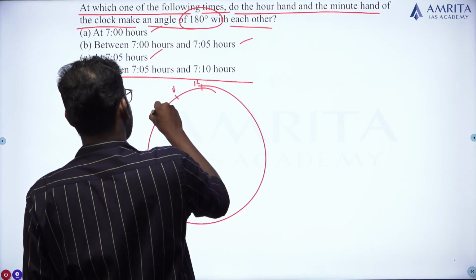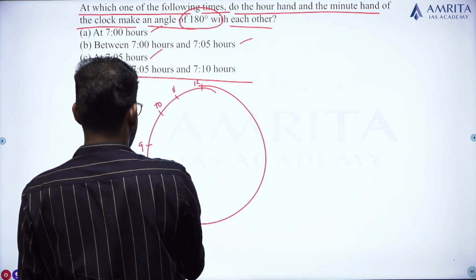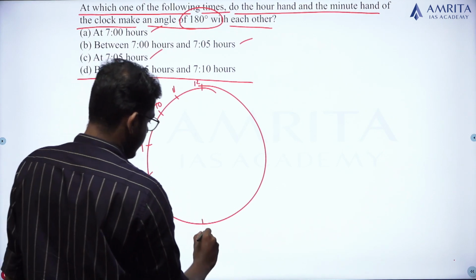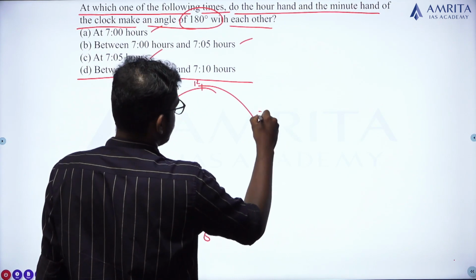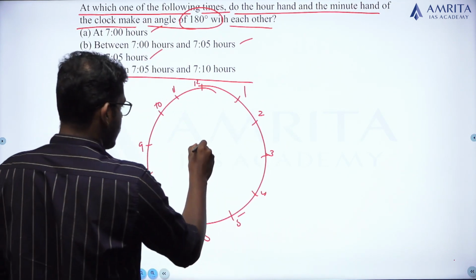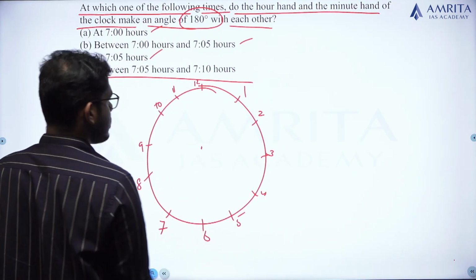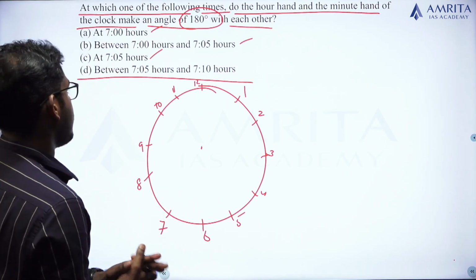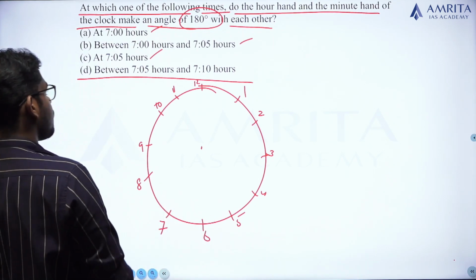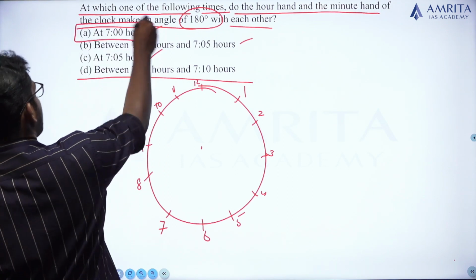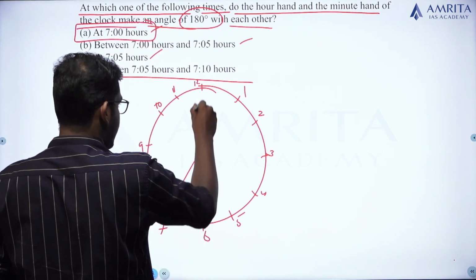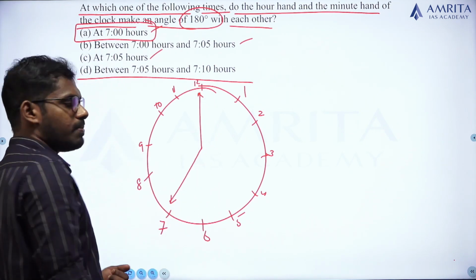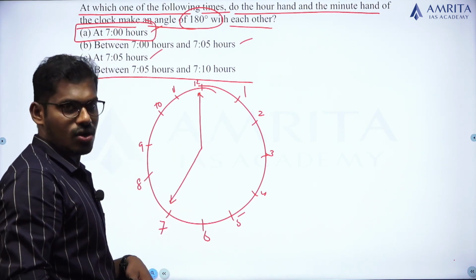12, 11, 10, 9, 8, 7, 6, 5, 4, 3, 2, 1. Okay. So anyway, the time is 7 o'clock or past 7 o'clock. We can definitely rule out the option at 7 hours, because at 7 hours the hour hand and minute hand will be like this, so it will not make an angle of 180 degree.